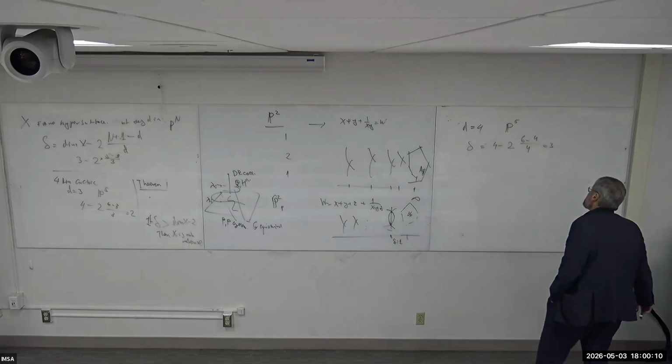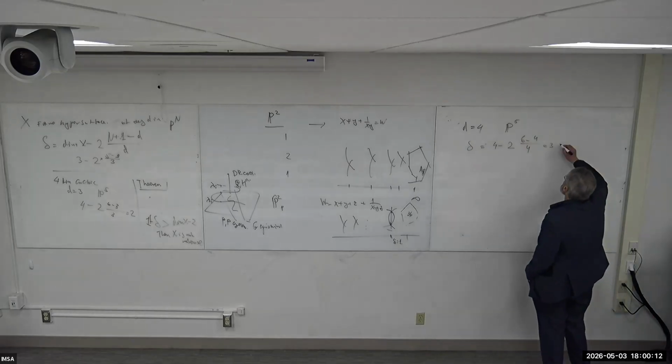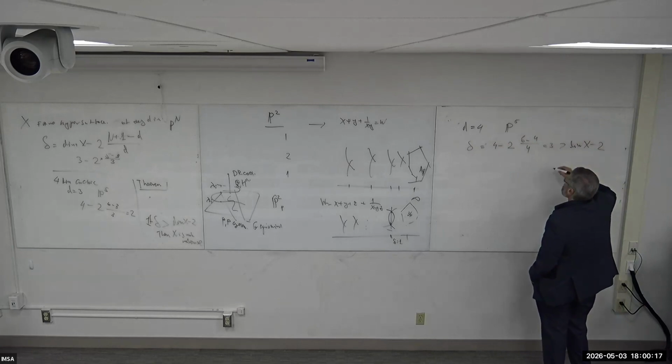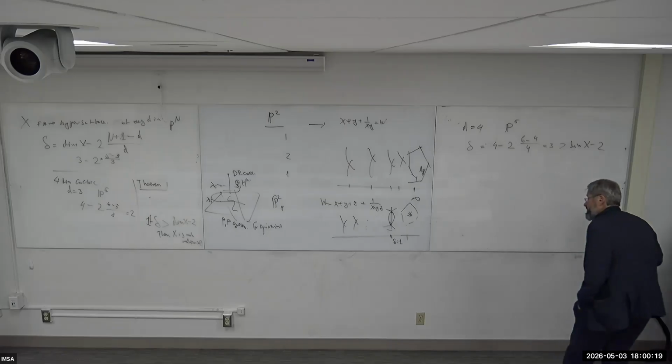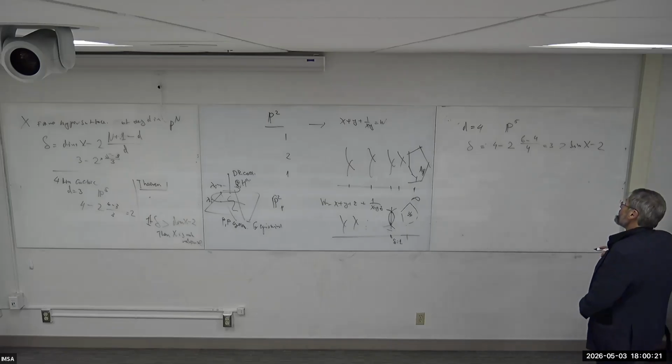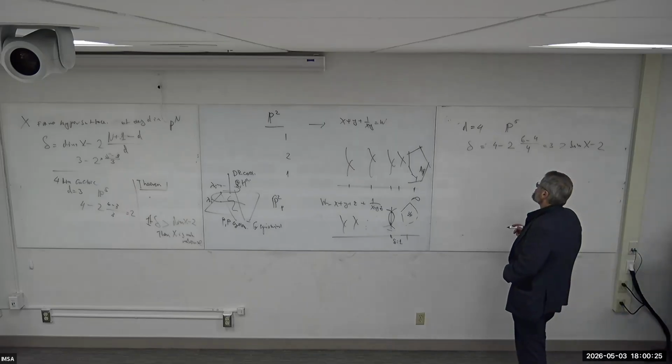Of course, this is bigger than the dimension of X minus 2. So this is how one concludes that a generic four-dimensional quartic is not rational.